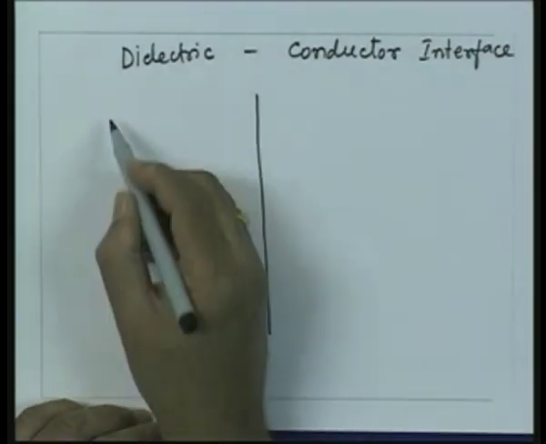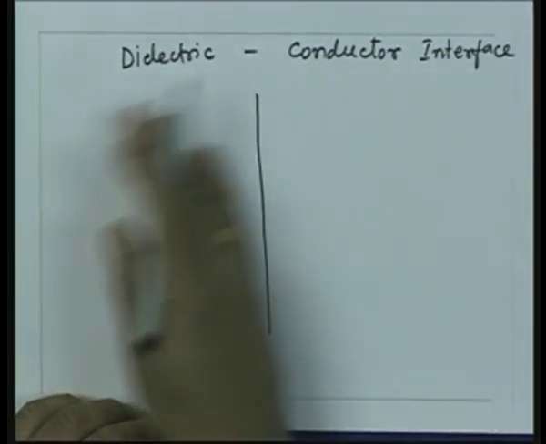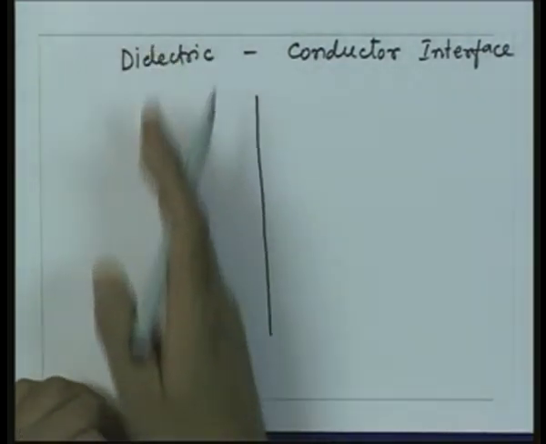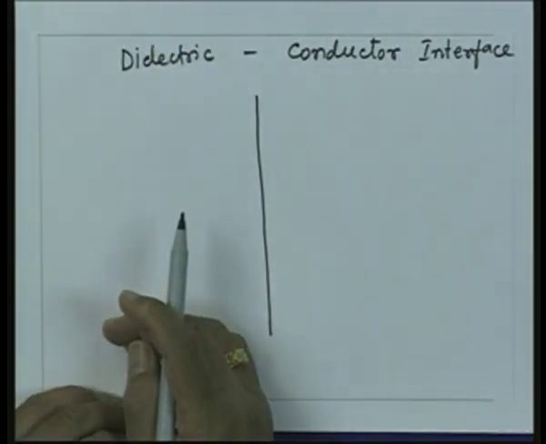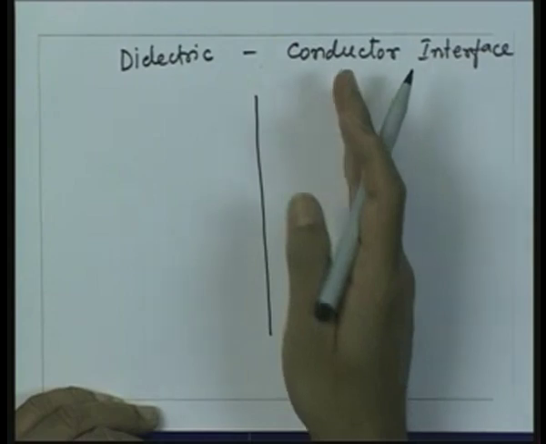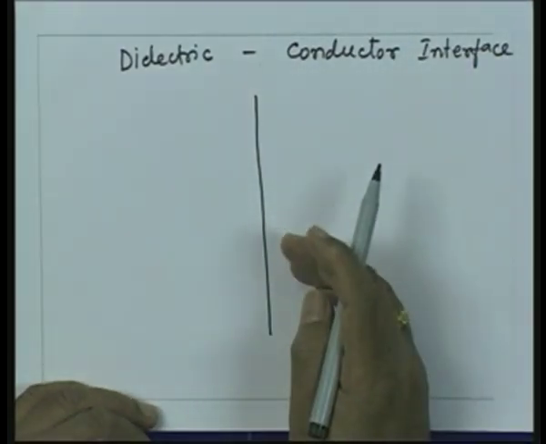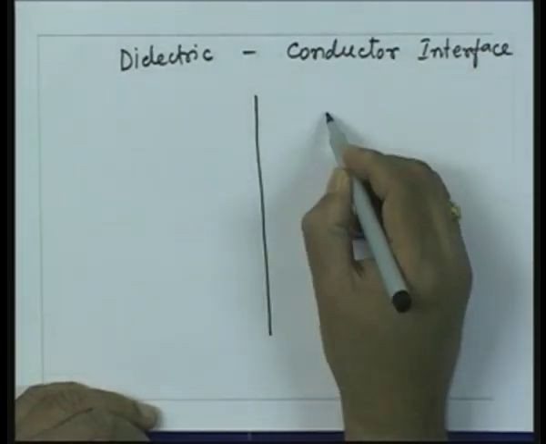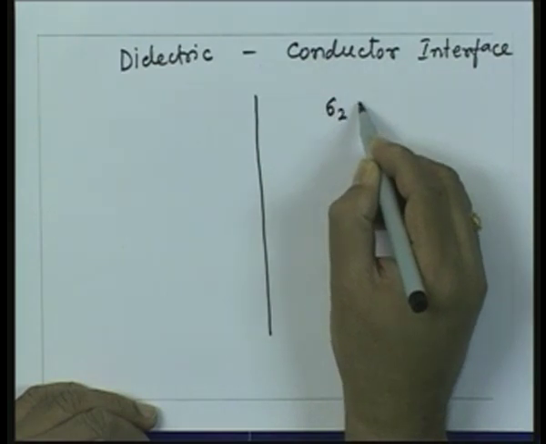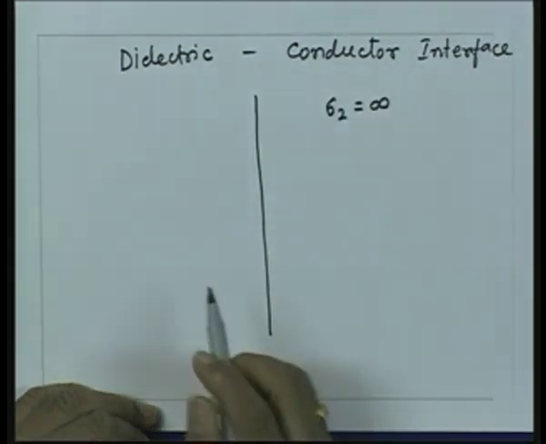So, on this side I have certain dielectric properties, the conductivity on this side may be 0, may not be 0, but on this side the conductivity is infinite. So, since it is a conductor, the conductivity sigma 2 is infinity.